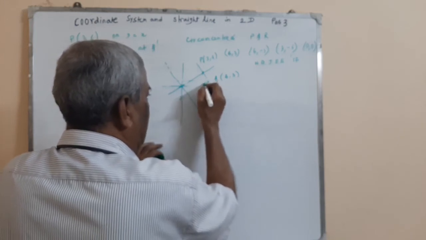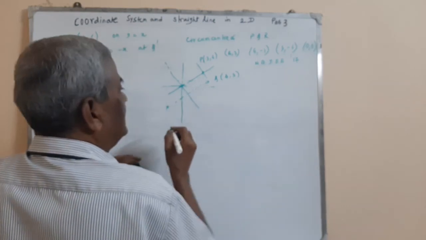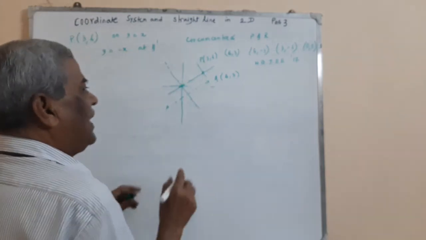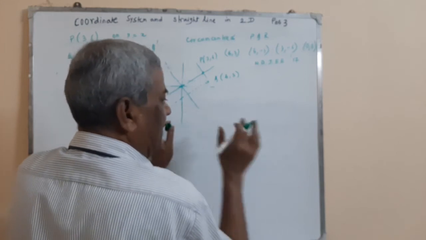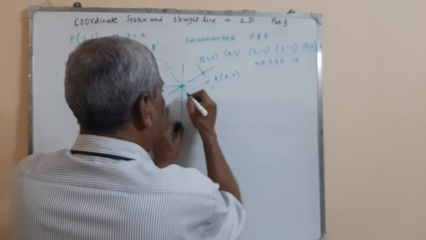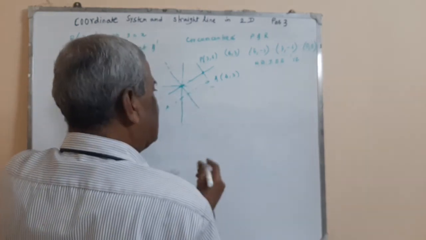It will be a perpendicular line, and by the same argument as before, you find the gradient of this and the gradient of that, their product is minus 1. And the midpoint of this and that lies on y is equal to minus x.